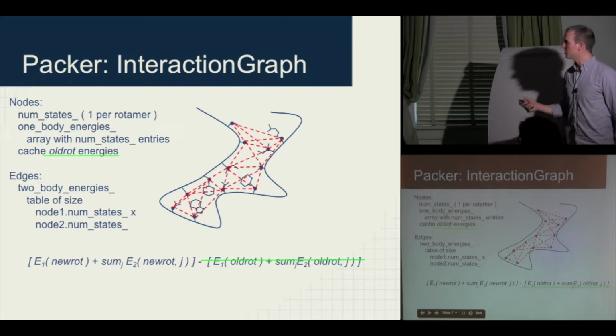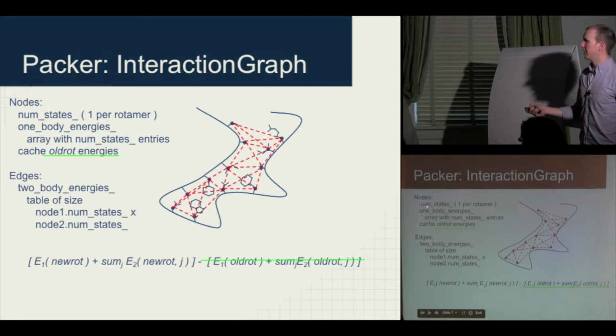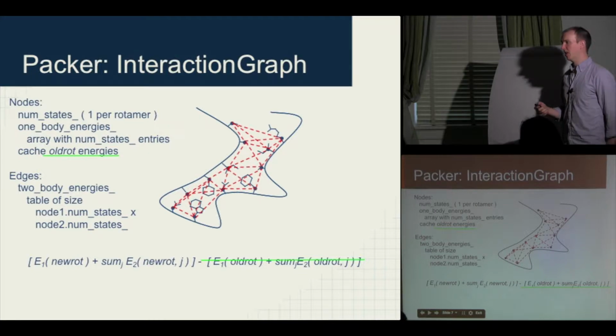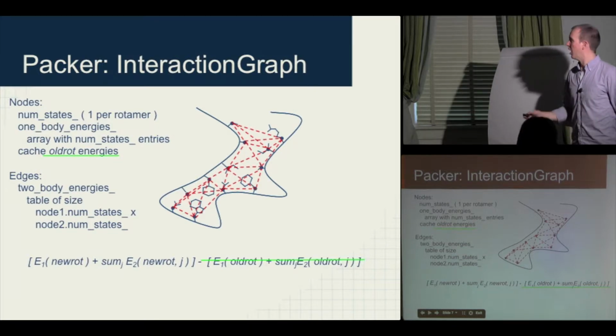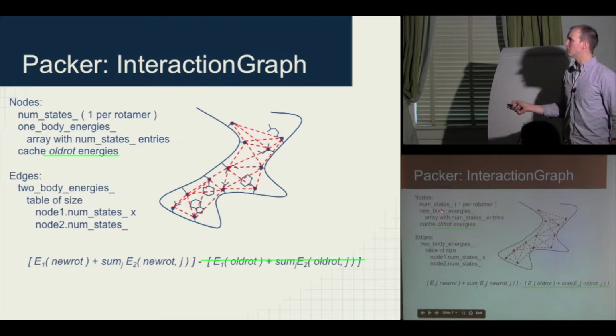The nodes in this graph record the number of states that they have available. So if residue 2 has 100 rotamers and residue 3 has 300 rotamers, you would have different information for each node. You would have an array of one-body energies stored on the nodes themselves, and each node is going to have an array with num states entries.